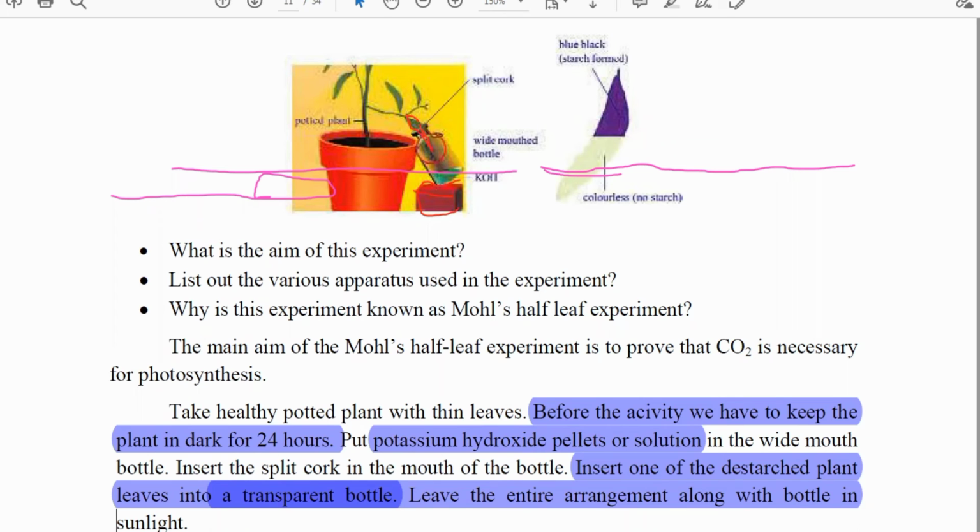After the time is over, you have to take out the bottle, separate the leaf and test the leaf by taking iodine reagent.